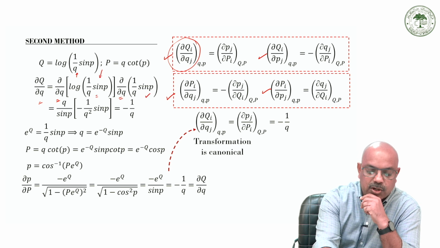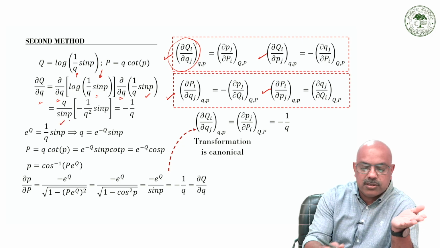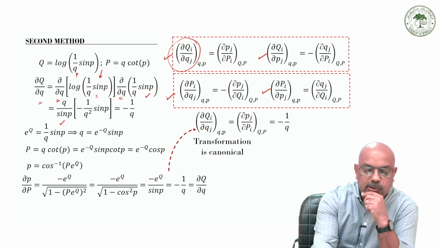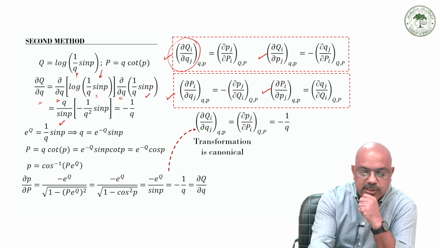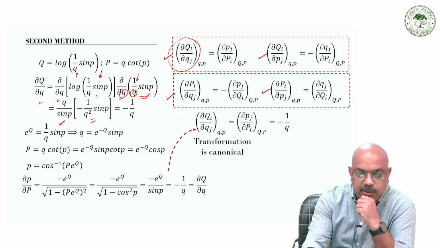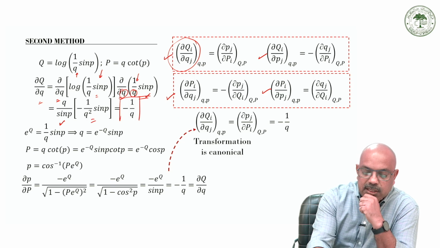So this is going to be simply q upon sine p, because log is going to be 1 upon that, 1 upon q sine p, that is going to be q upon sine p. And because you were differentiating with respect to q, this is going to be minus 1 upon q square, so minus 1 upon q square sine p. So this term is minus 1 by q.